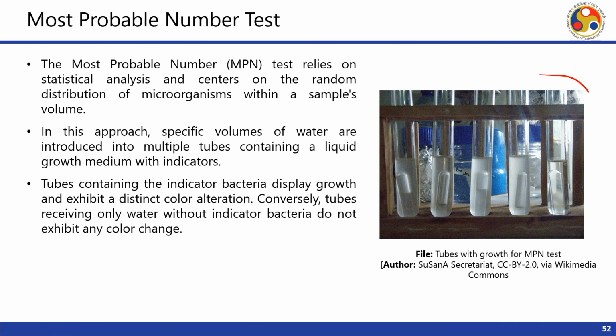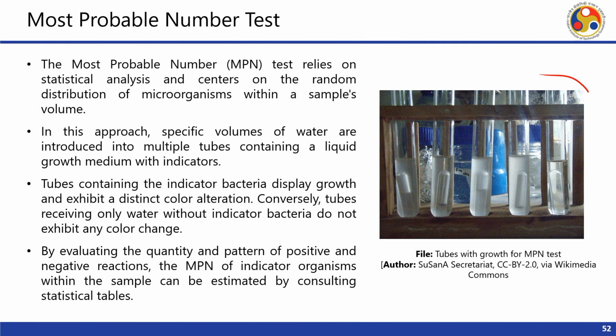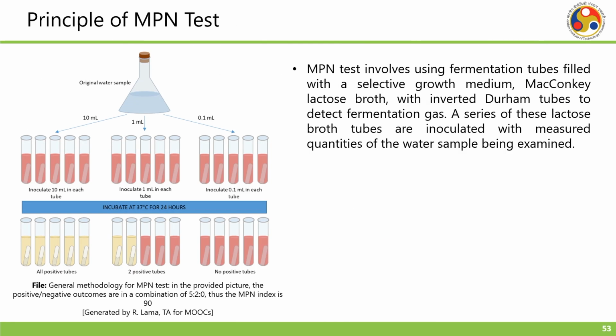Tubes containing the indicator bacteria display growth and exhibit a distinct color alteration. Conversely, tubes receiving only water without indicator bacteria do not exhibit any color change. By evaluating the quantity and pattern of positive and negative reactions, the MPN of indicator organisms within the sample can be estimated by consulting statistical tables.